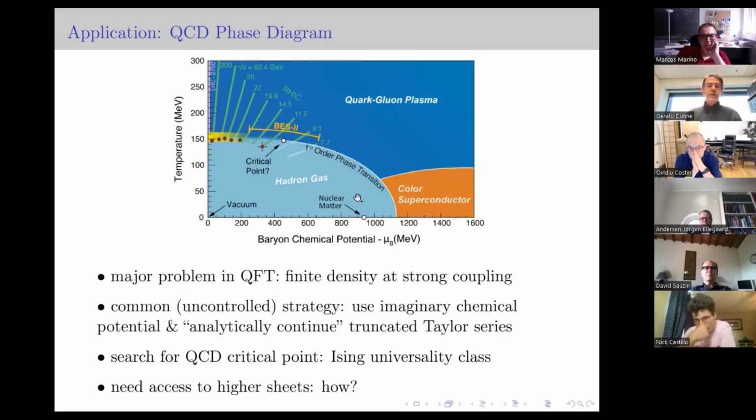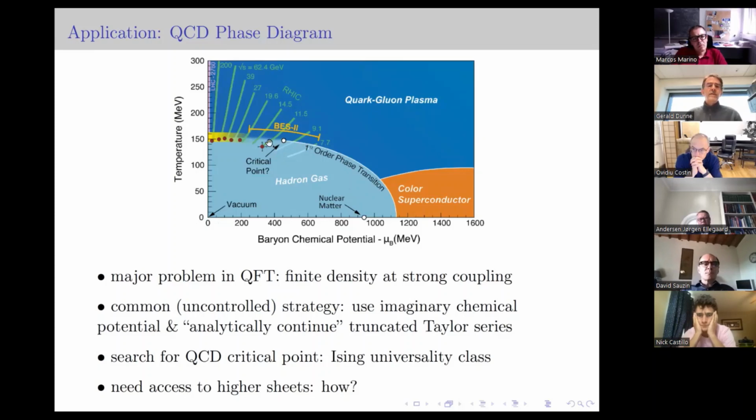We live somewhere here. We can do calculations reliably sort of along here, sort of along here, up here, and maybe near here. But the places we're most interested in studying are near where we live and near where, say, in astrophysical applications.